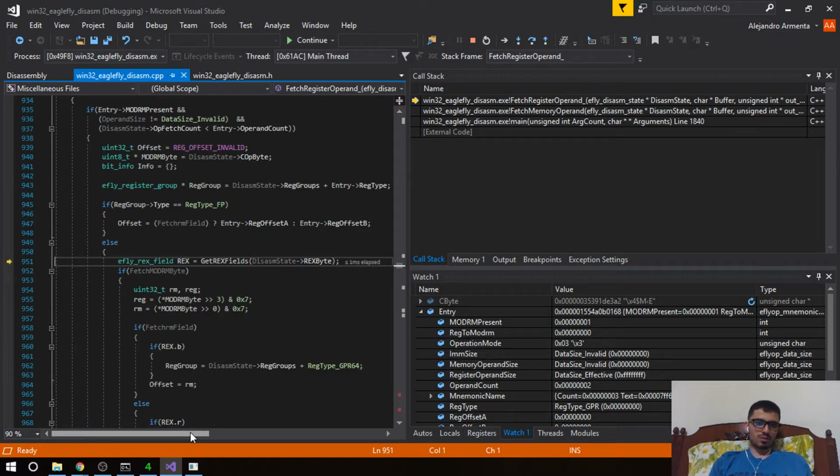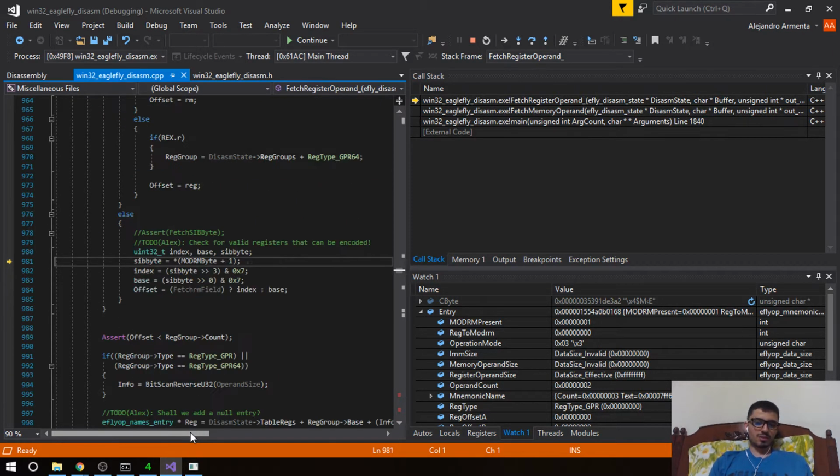So here you go. We got the REX fields and we're going for the SIB. We haven't done anything yet with the SIB, so you're going to do the basic stuff there. The SIB byte is going to be something. We get the index, which is 4, and the base, which is 4 as well.